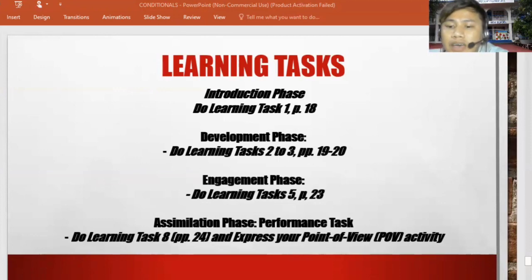And we also have here the assimilation phase as part of your performance task. So you are going to do learning task number 8. What are you going to do there? In learning task number 8, you are just going to identify what is being asked in each item.